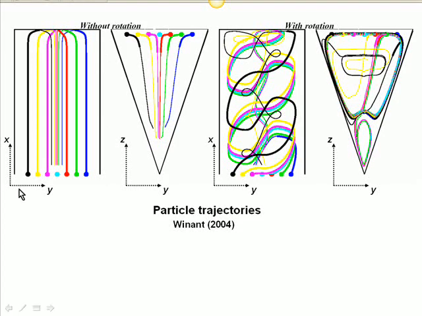So in the XY plane, we have the particle trajectories produced by a wind that's blowing toward the head of the basin, toward the closed end of the basin. This would be the cross section right here at the mouth of the basin, the cross section in the ZY plane. So do we understand what we're looking at here?